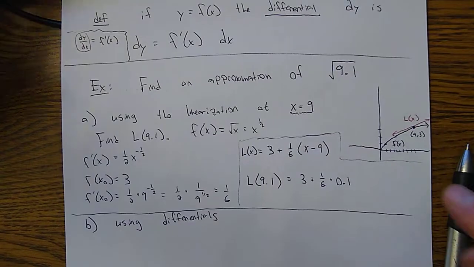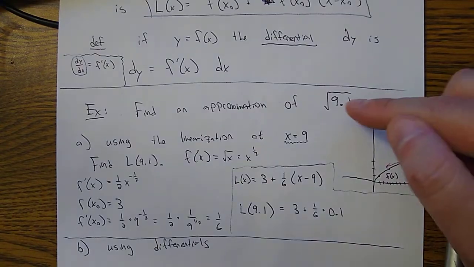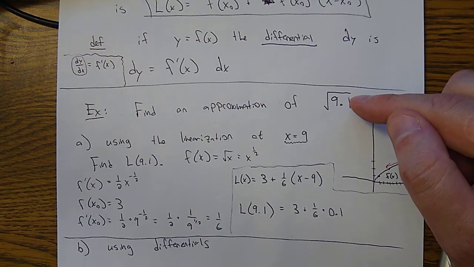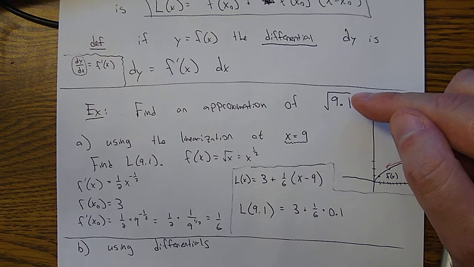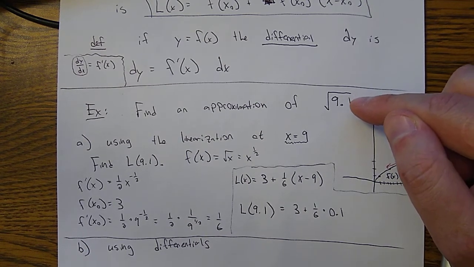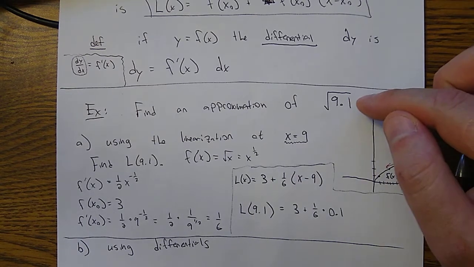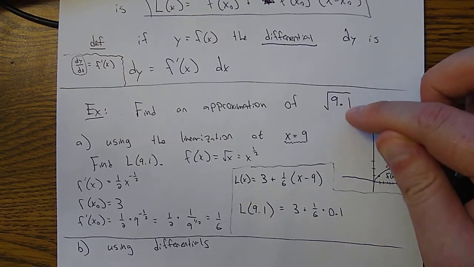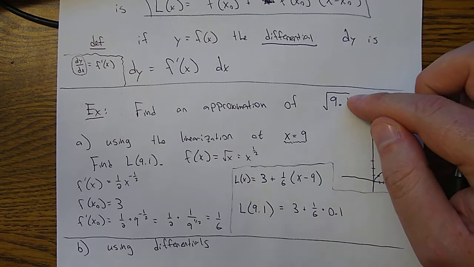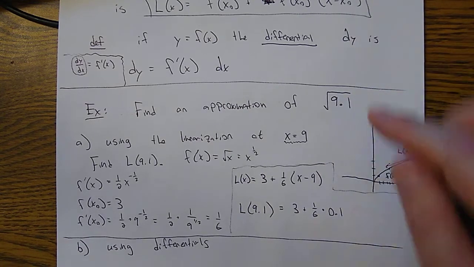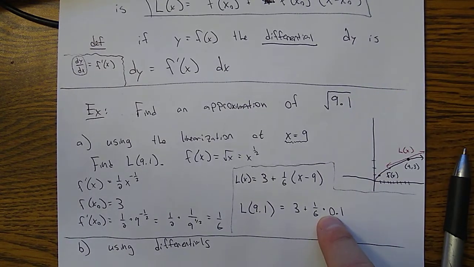And here you can kind of see, like I said, the first guess that I made, without even thinking about it too hard, was that 9.1 is close to 9, and so this should be close to 3. And then I said our better guess is not going to be 3, it's going to be adjusted. This is the adjustment.